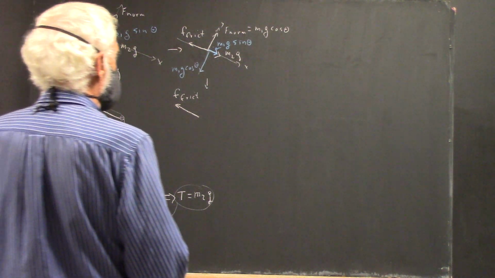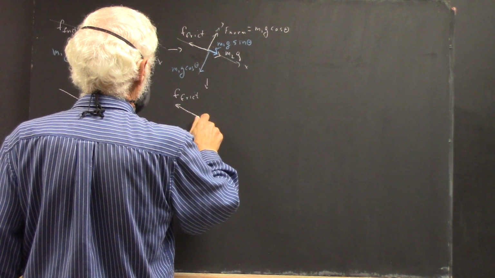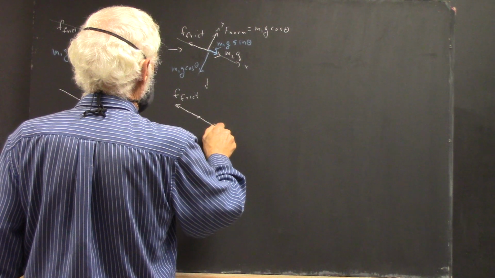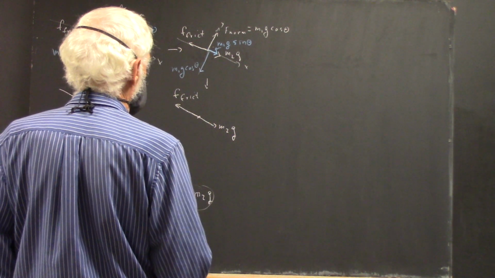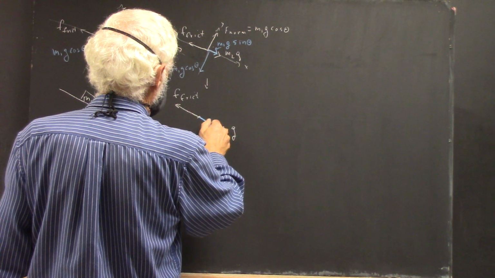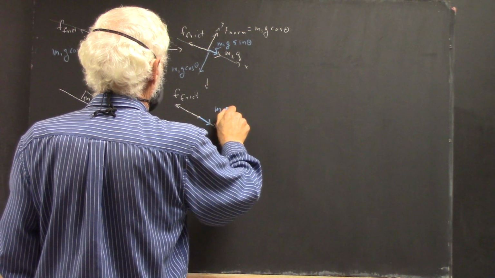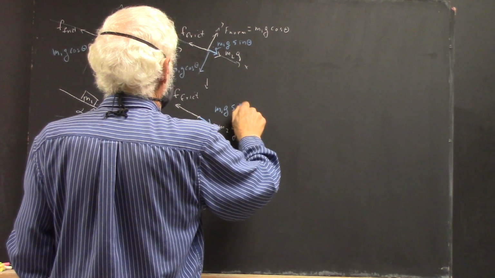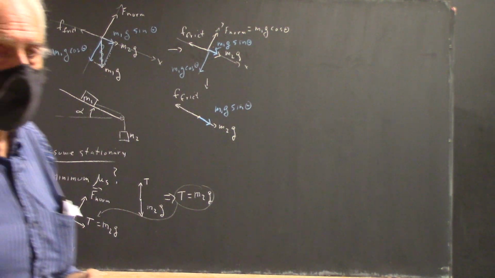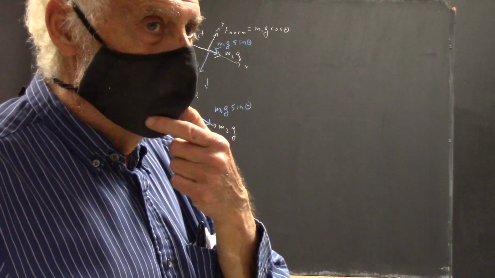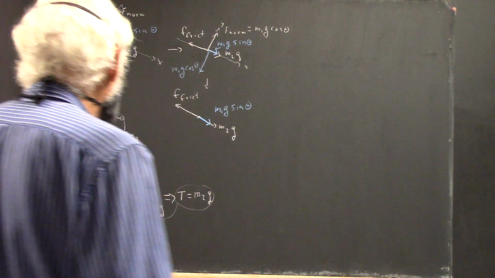So now we have the frictional force, M2G, M1G sine theta. And it's stationary, so it's in equilibrium.